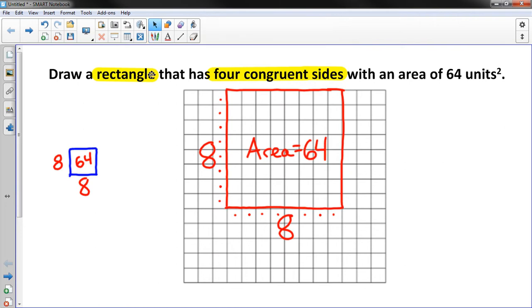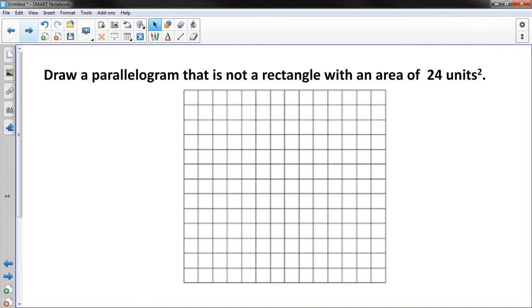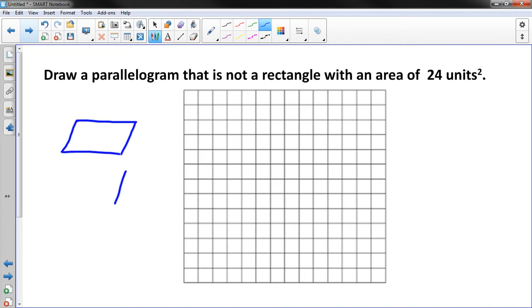Let's go on to the next problem. Draw a parallelogram that is not a rectangle with an area of 24 units. So what I would recommend is on the side, try to think of what a parallelogram looks like first. Just sketch a couple. They look like a rectangle that's kind of lopsided. And now I have to think of the area of a parallelogram.